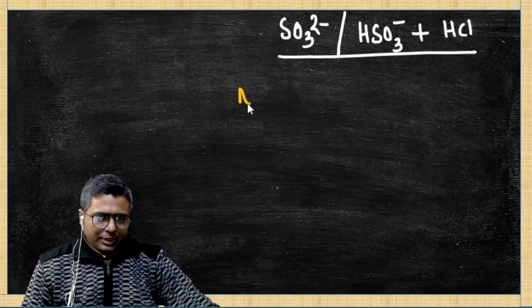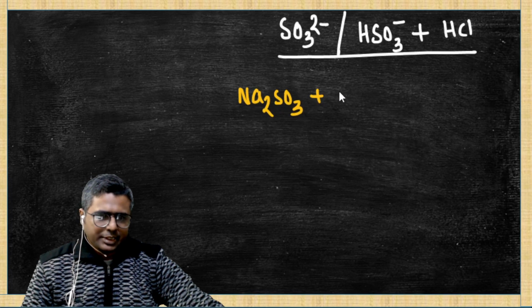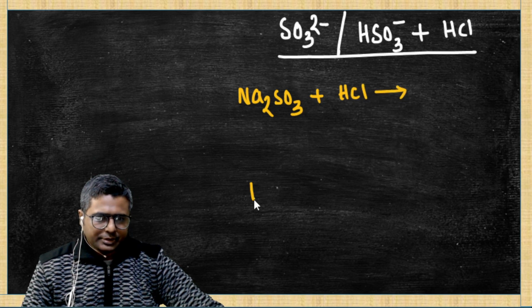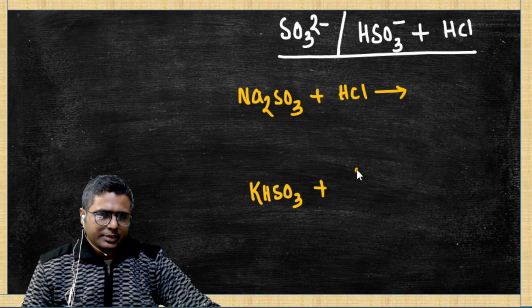So I will give you one sulfite, Na2SO3 plus HCl, this reaction you will do, and next is KHSO3 plus HCl, this reaction you will do. Okay.